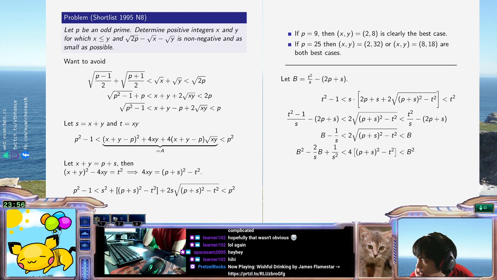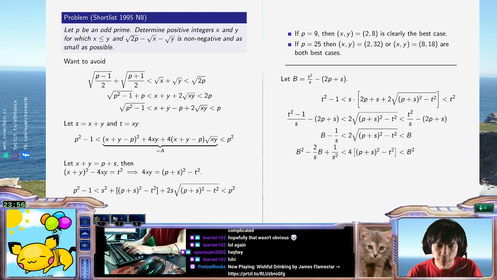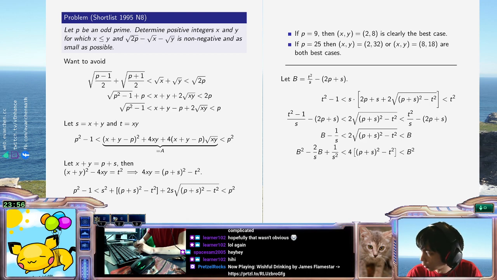So what are the examples? Let me figure out when p equals 9. This is an important test case for me. S comma t equals what? What are s and t? S is the sum, and t is the discriminant. Discriminant of this quadratic is 36.